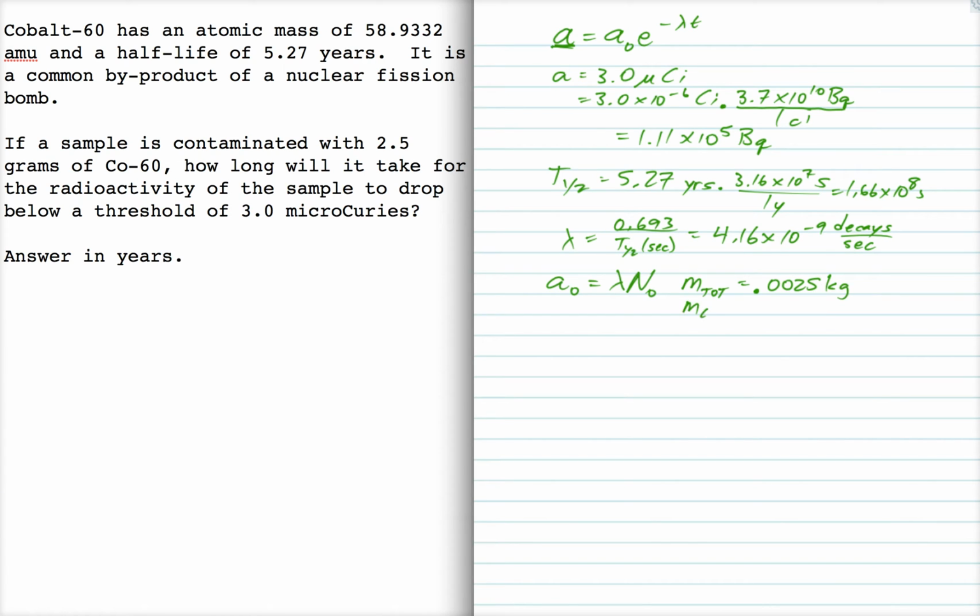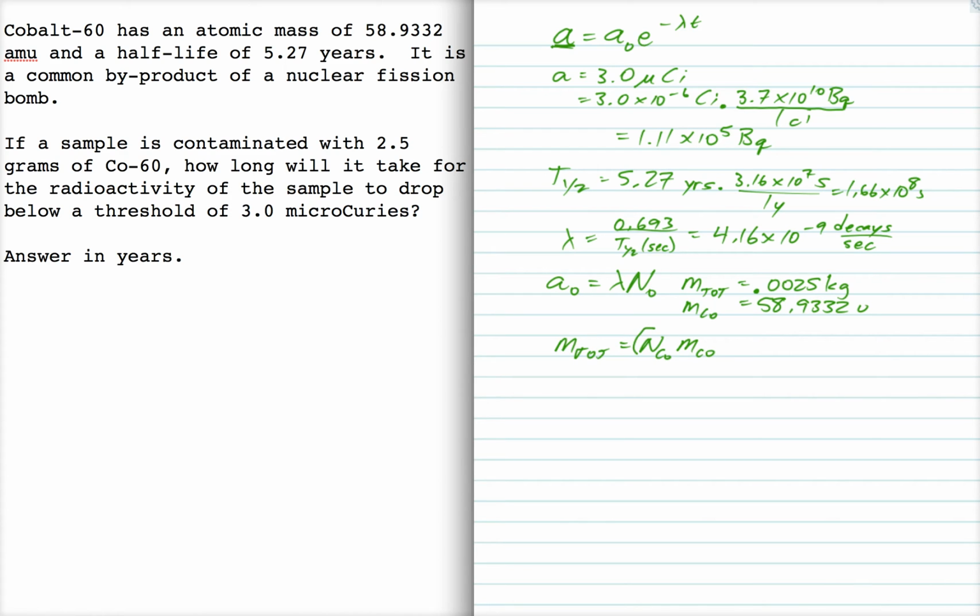And the mass of an actual cobalt nucleus is, well, I guess 58.9332 AMU. And we know that the total mass is equal to the number of cobalts times the mass of cobalt.